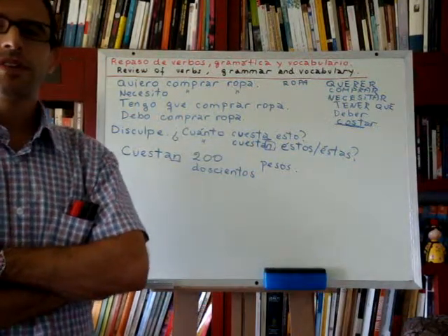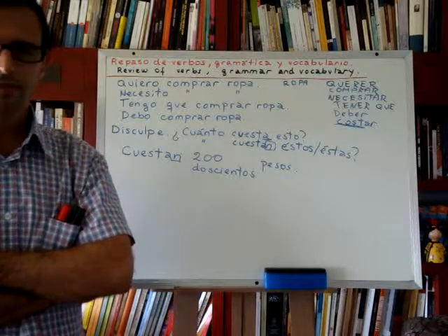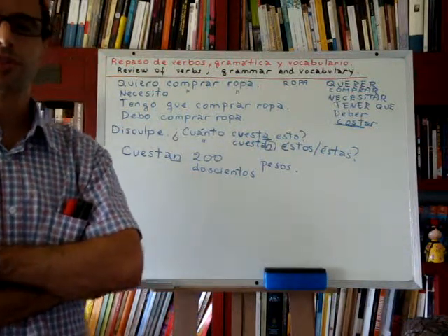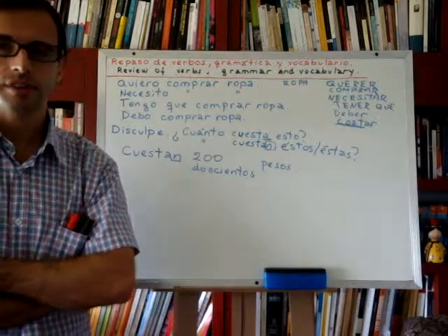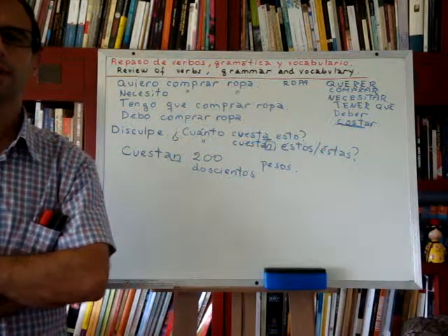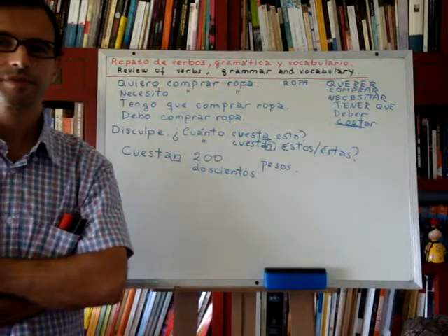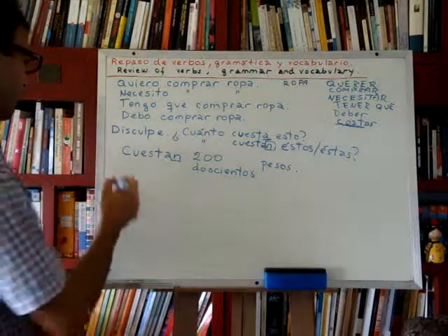So we will say, it's too expensive, or that's too expensive, or that's too much. How would we say that's too much? It's very expensive. That's too much. The word for that is eso.